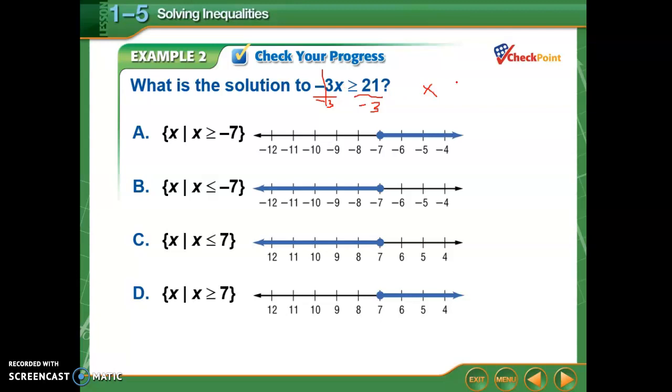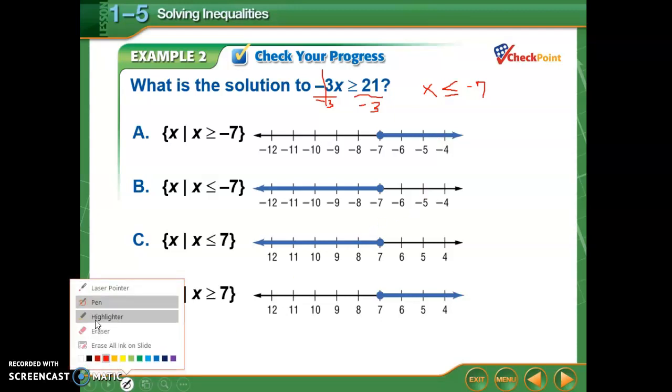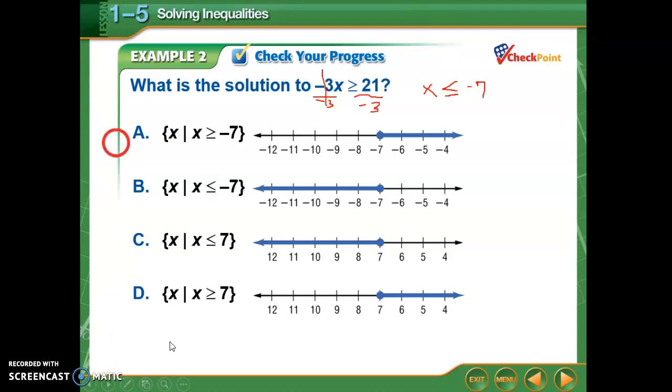X, from greater than, that will be pointing to your left, less than or equal to negative 7. So there's a line at the bottom that makes it closed and pointing to your left. So our best answer here is letter B.